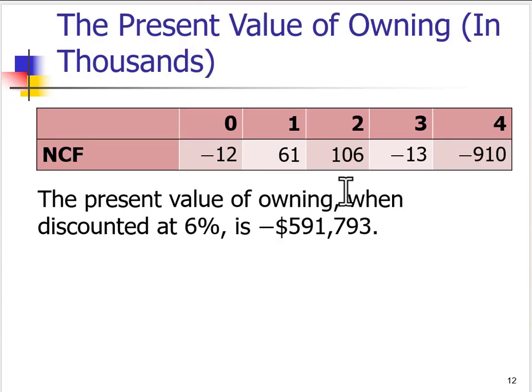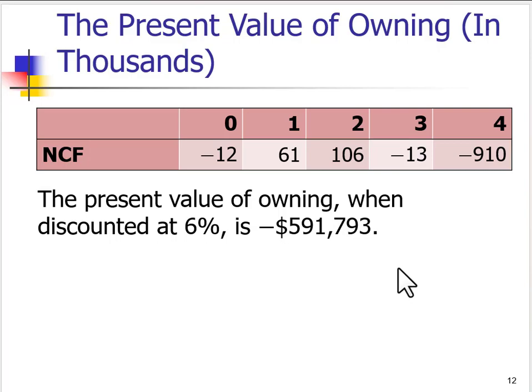So here we have, again, this cash flow stream for owning the project. What's the present value of that at 6%? And the answer, if you put this into a capital budgeting technique worksheet that we have, you would find that at a discount rate of 6%, the net present value of this would be ultimately negative $591,000 odd dollars.